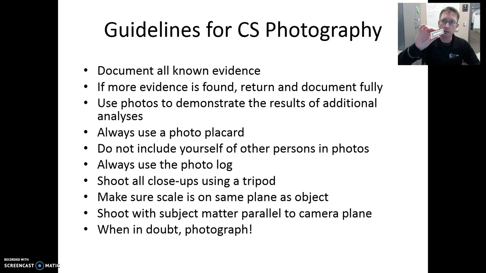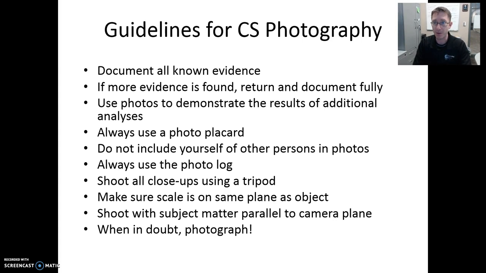Not like this. You wouldn't believe how many crime scene photos I see where the ruler is like this, where you're trying to get, say, a measure of my cell phone, and the ruler is angled. This is proper. Imagine my cell phone sitting on a table and you shoot across it with the ruler like this; it doesn't work. We can't read the ruler.